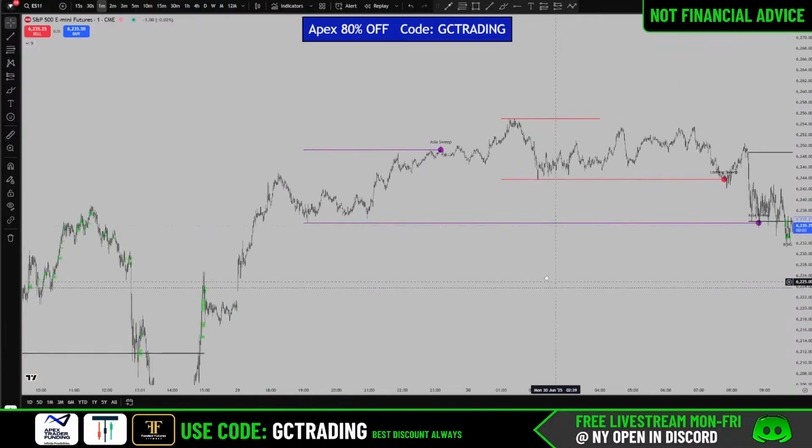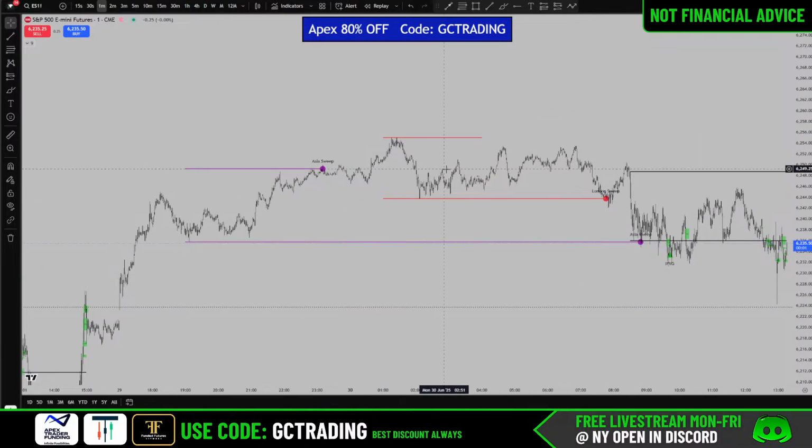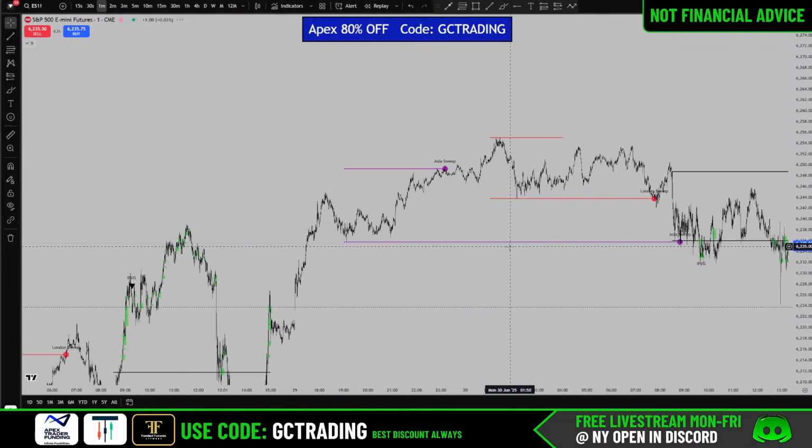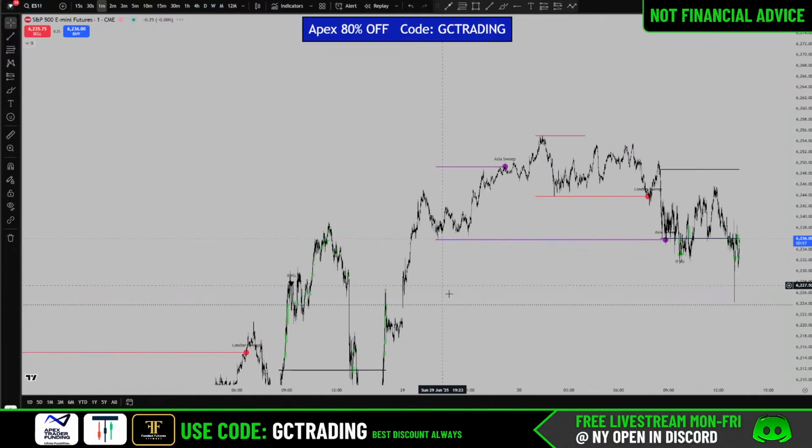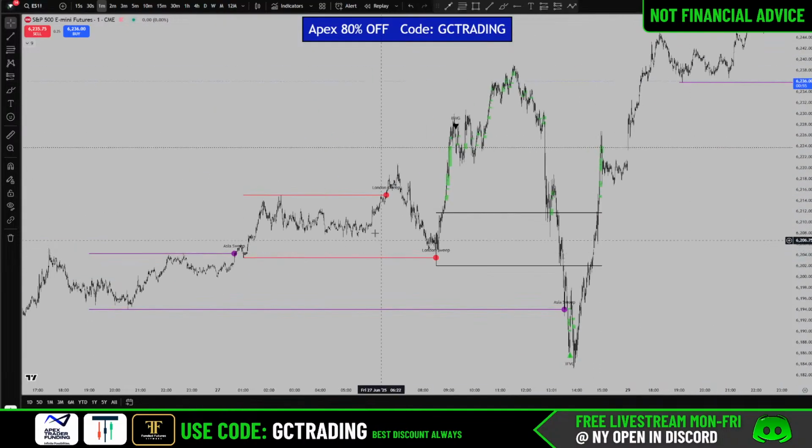But you can see the kill zones. There's your Asia, there's your London right there. London, Asia, you can see it gets taken out.